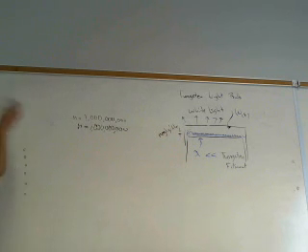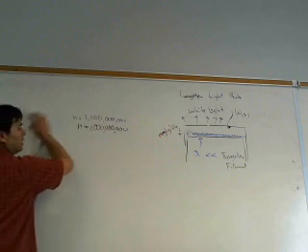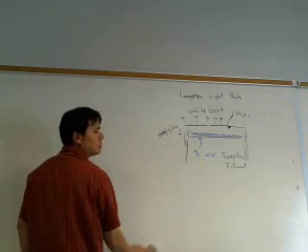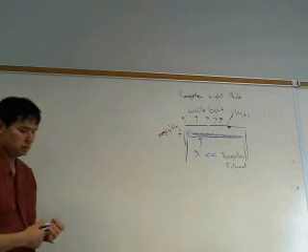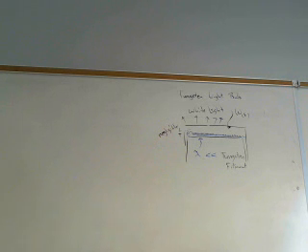So this is why a tungsten filament behaves like a, what do we call it? What do you call things that emit white light?